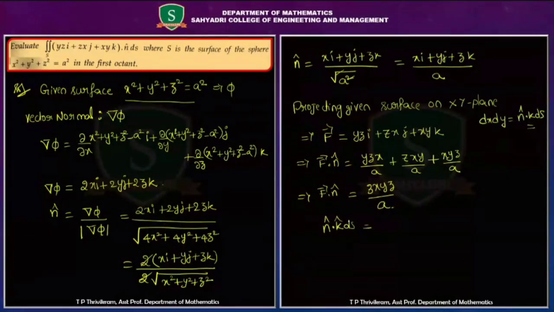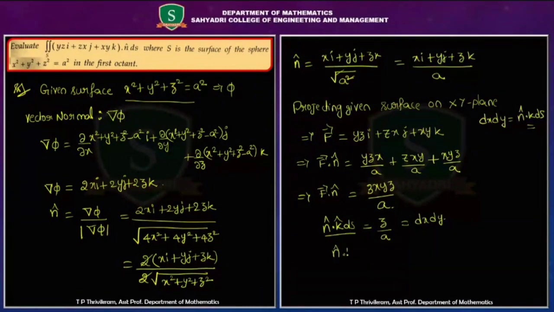ds is equal to how much will we get? N cap dot k, so that means we'll get z by a. So this must be equal to dx dy. So what will be this value then?